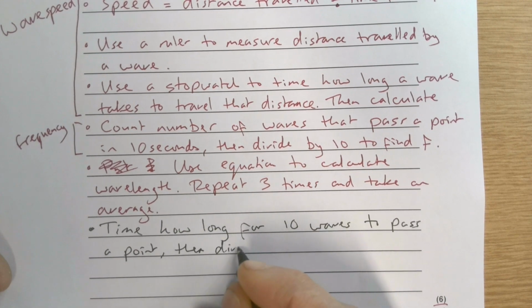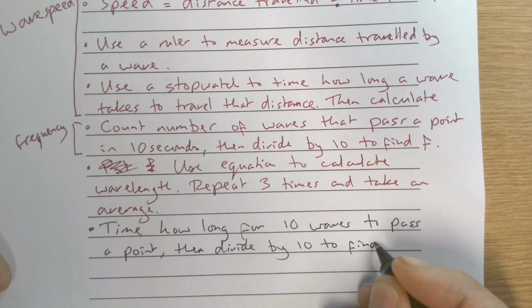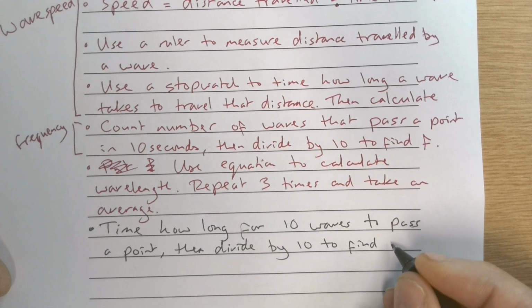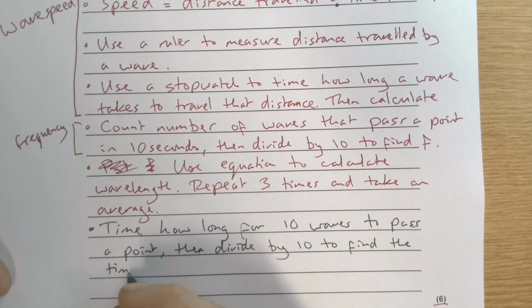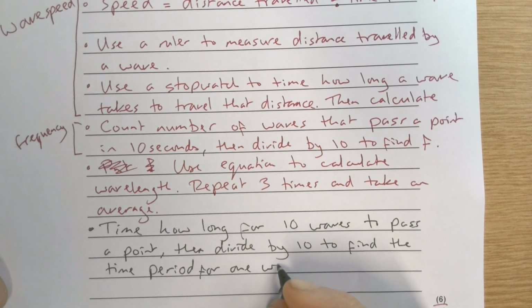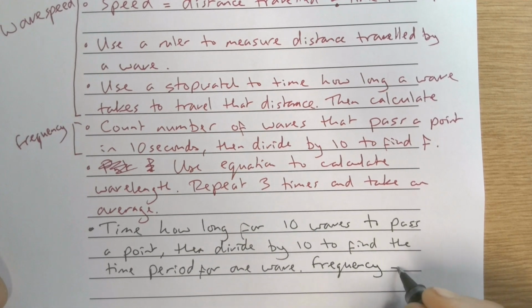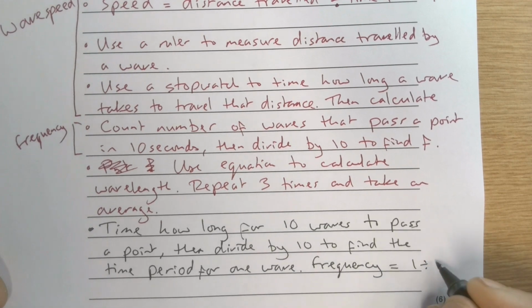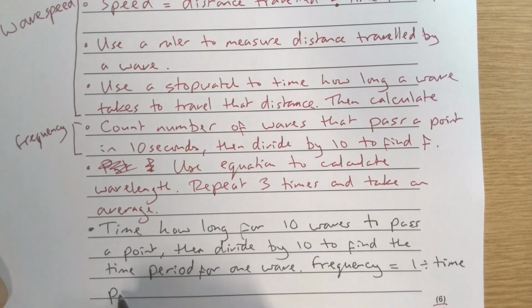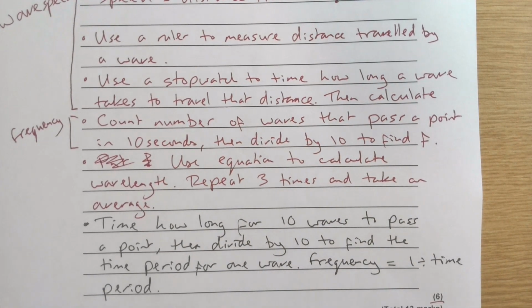Then divide by 10 to find the time period for one wave. Frequency equals 1 divided by time period. Okay, which you did in the question before. So we know that 1 divided by the time period is the frequency.